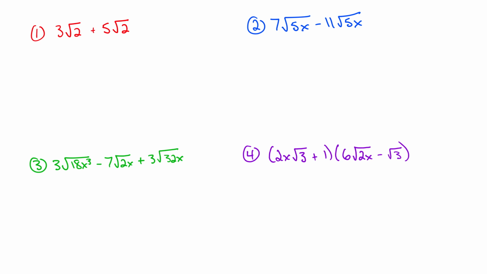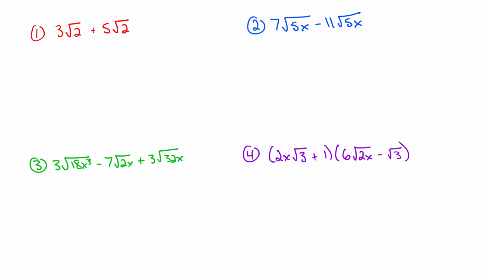Second thing, the value underneath the radical must be the same. So if I have a square root of 2, it can only add together with something that has a square root of 2. A square root of 2 and a square root of 3 cannot combine together through addition. If those things occur, you can treat them like a variable.